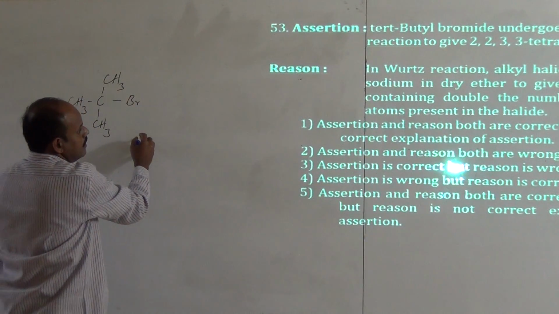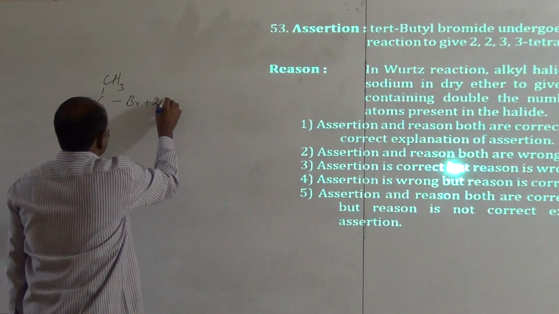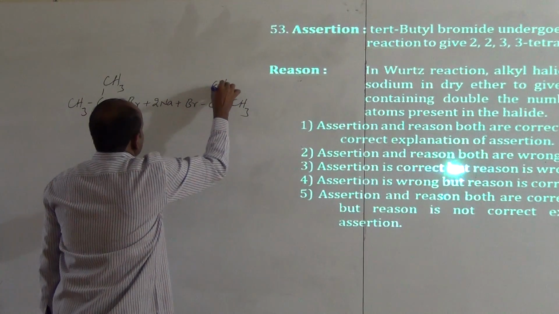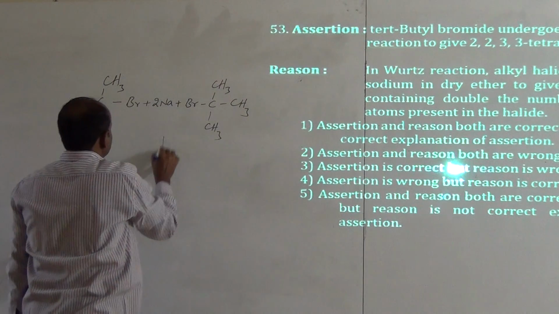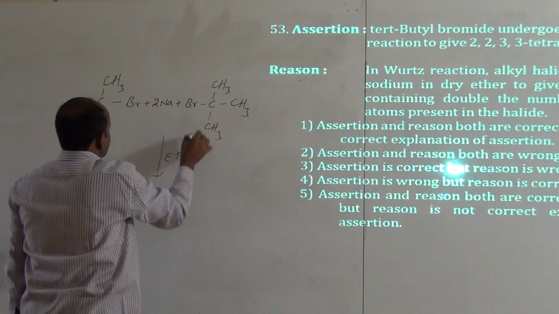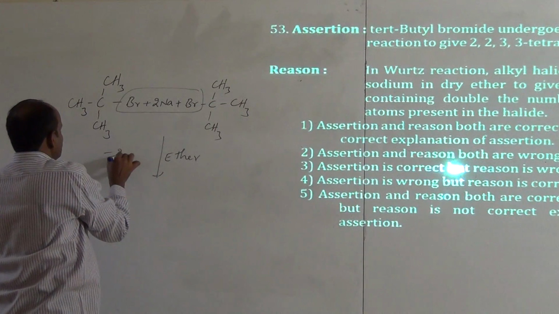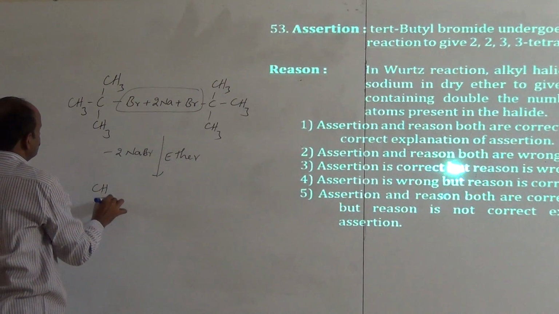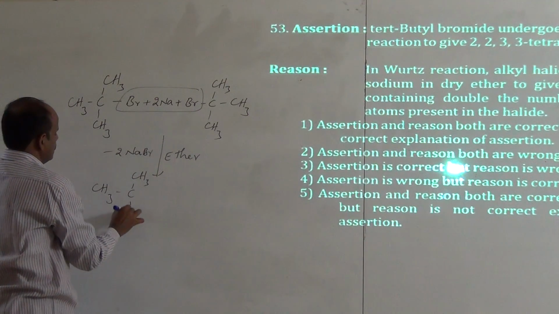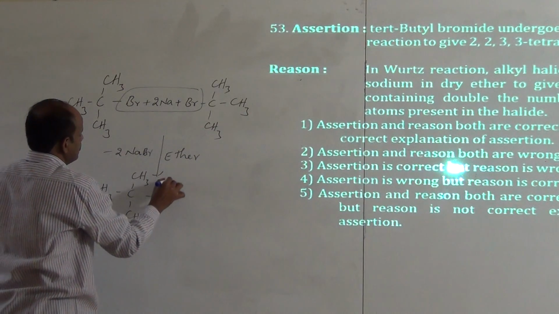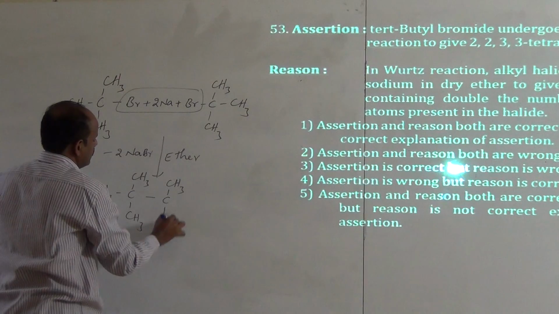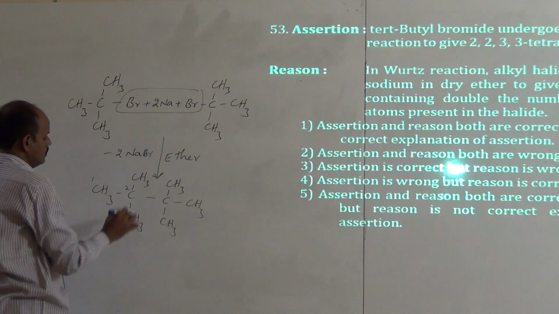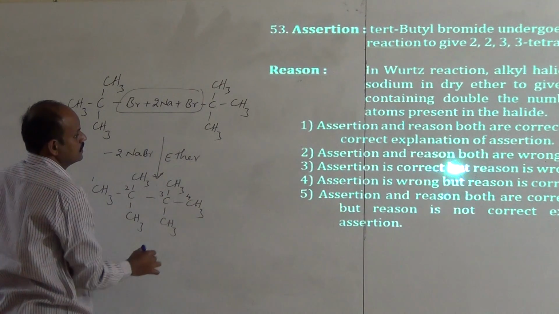Tertiary butyl bromide undergoes Wurtz reaction, meaning 2 moles of alkyl halide react with sodium metal in the presence of ether. Then NaBr is removed, and the 2 alkyl groups combine together to form a new product. Then 1, 2, 3, 4.